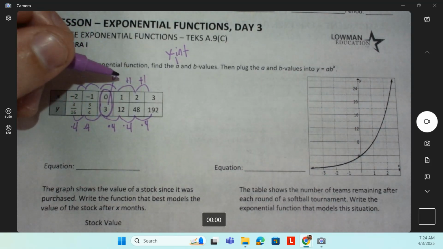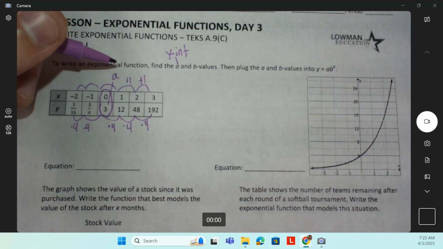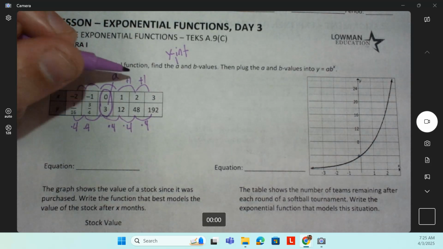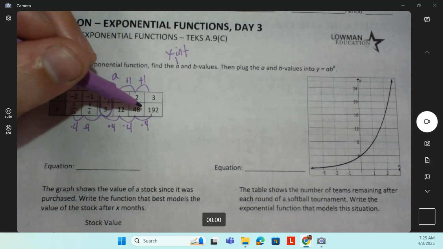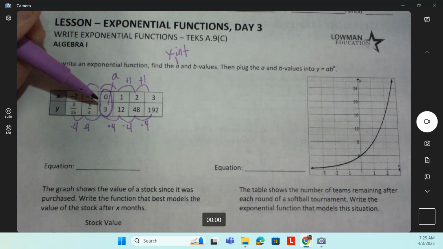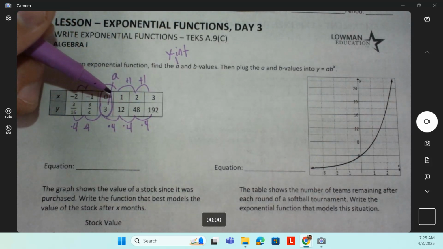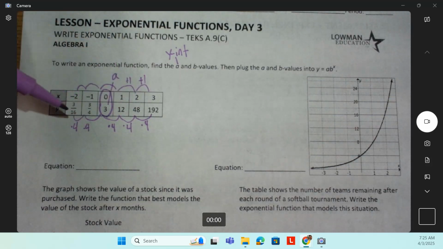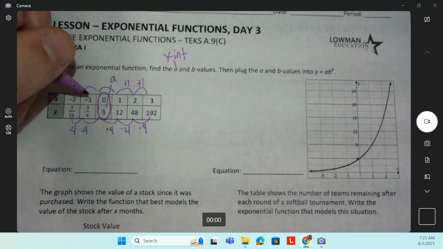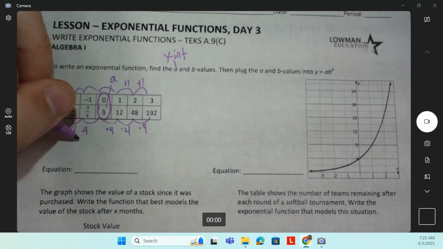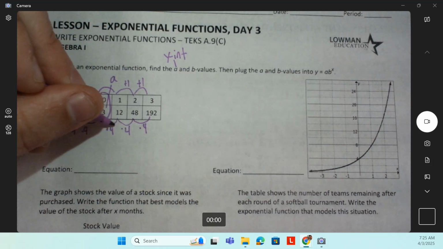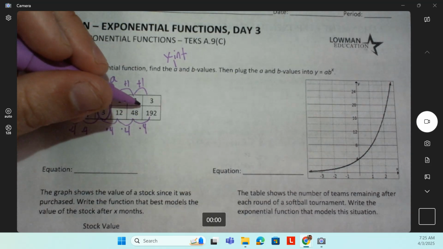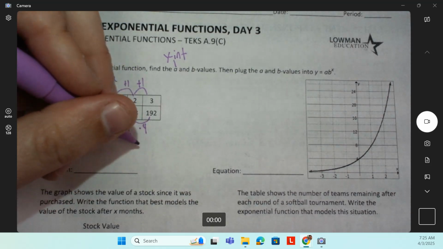So every time it goes up 1, it's multiplied by 4, which means that this increase of 1 is causing it to multiply by another 4, which is basically what happens when you increase an exponent. So anytime it's going up 1, whatever is being multiplied here will be your b value.